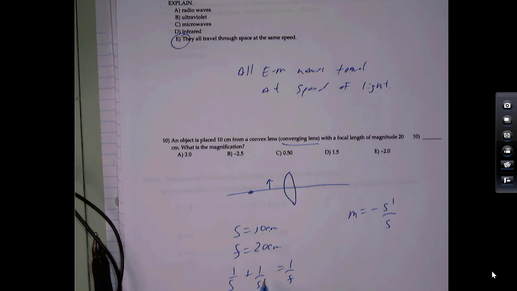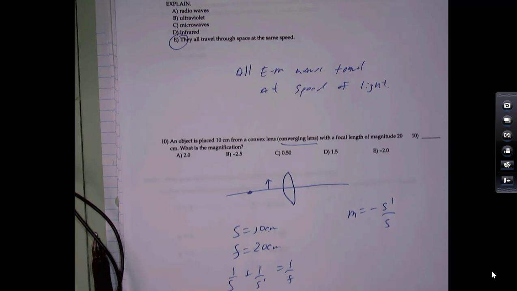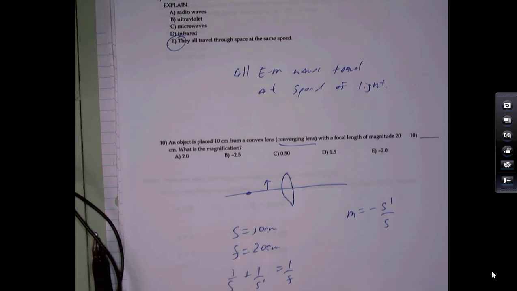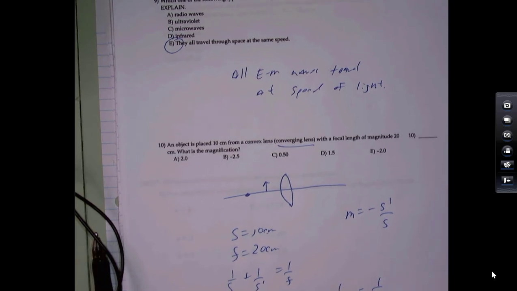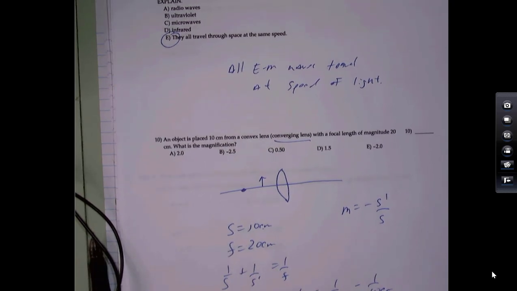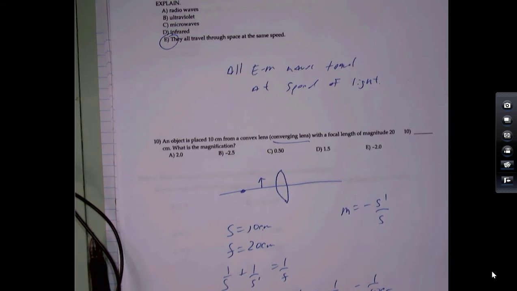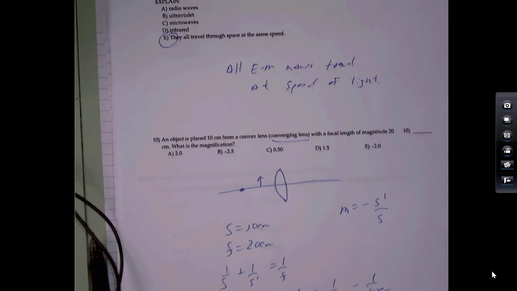So I'll use this equation to figure out S prime. 1 over S prime is 1 over F minus 1 over S. So I've got 1 over 20 minus 1 over 10 when you put the numbers in. So this would be 1 over 20 minus 2 over 20. Again, if you want to just punch it in your calculator, go ahead.